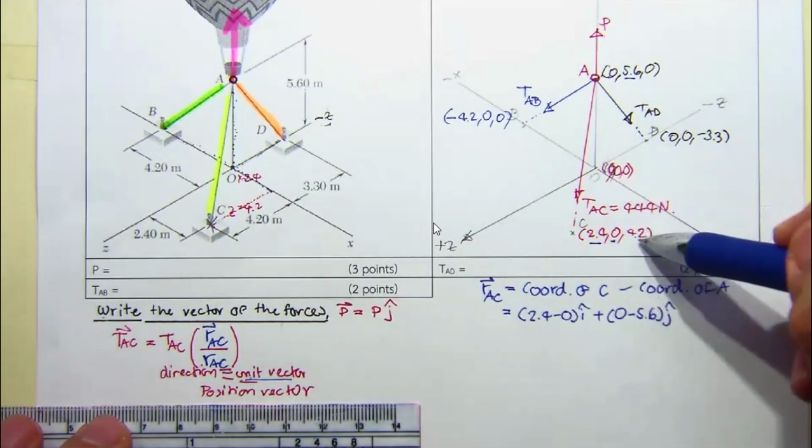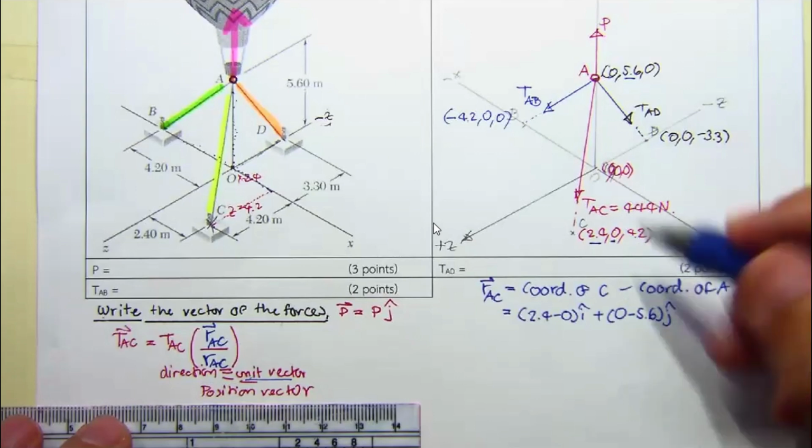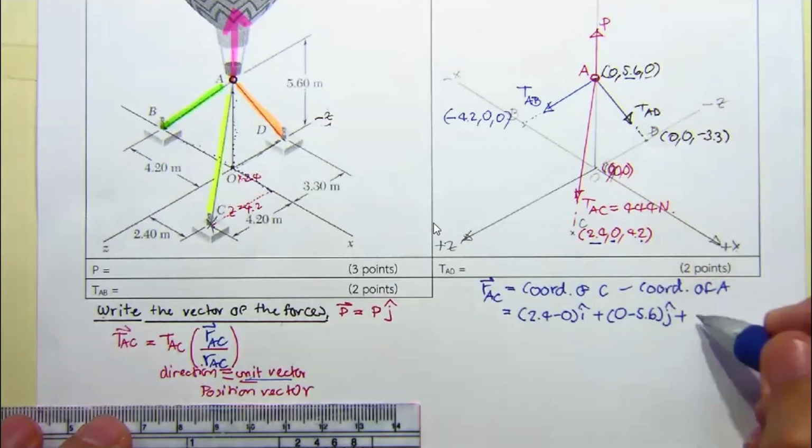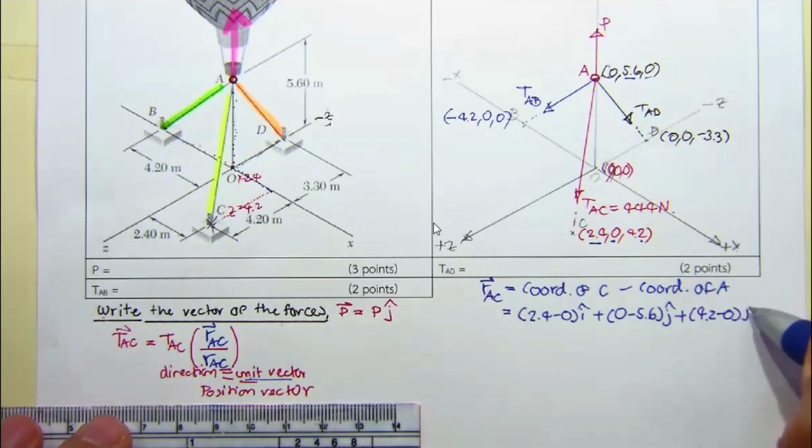Put the head first. Then plus 4.2 minus 0 k.